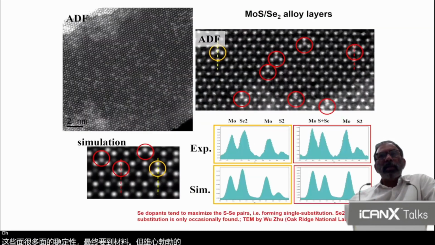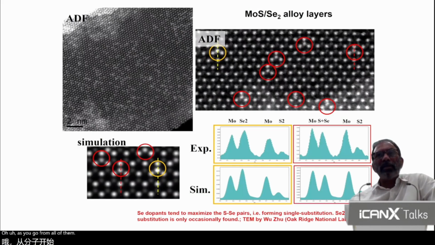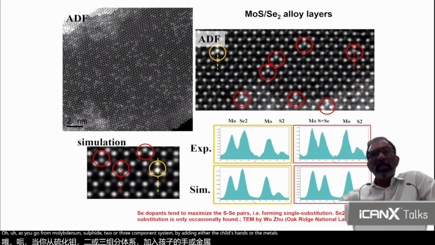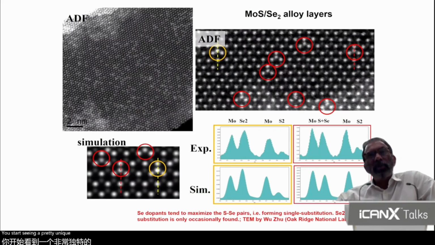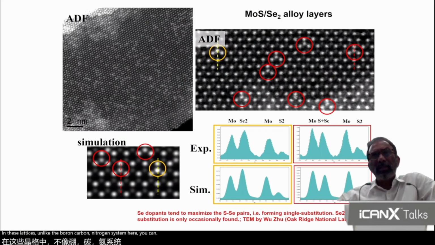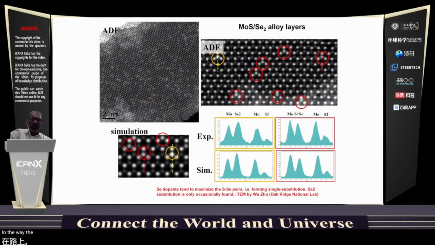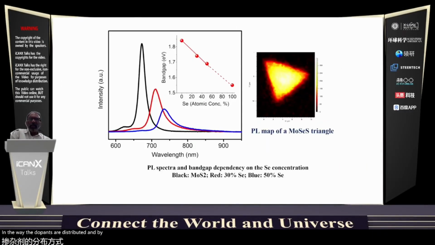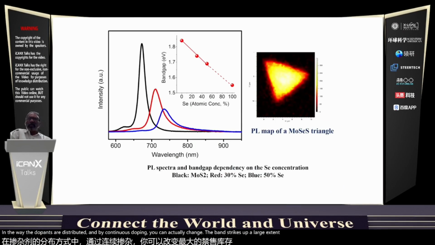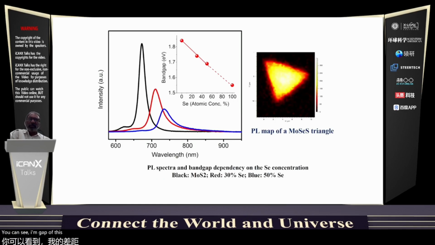So as you go from molybdenum sulfide to a three-component system by adding either the chalcogens or the metals, you start seeing a pretty uniform doping in these lattices. Unlike the boron carbon nitrogen system, here you can see that there is quite a bit of uniformity in the way the dopants are distributed. And by continuous doping, you can actually change the band structure to a large extent. You can change the band gap of these materials.